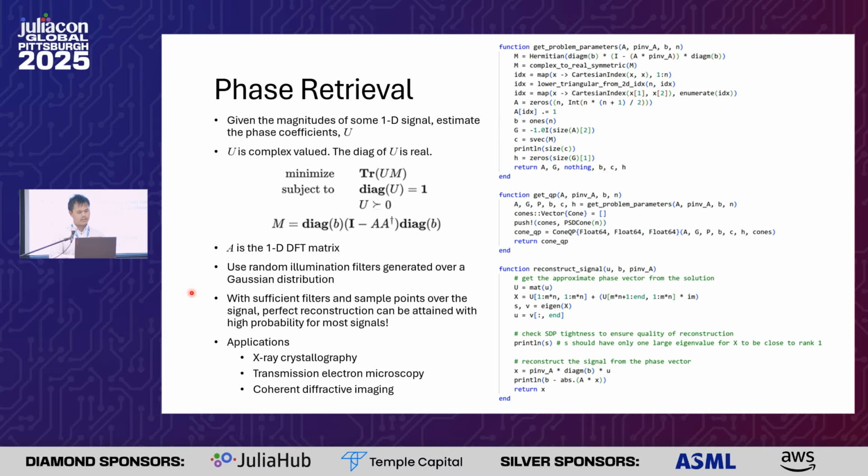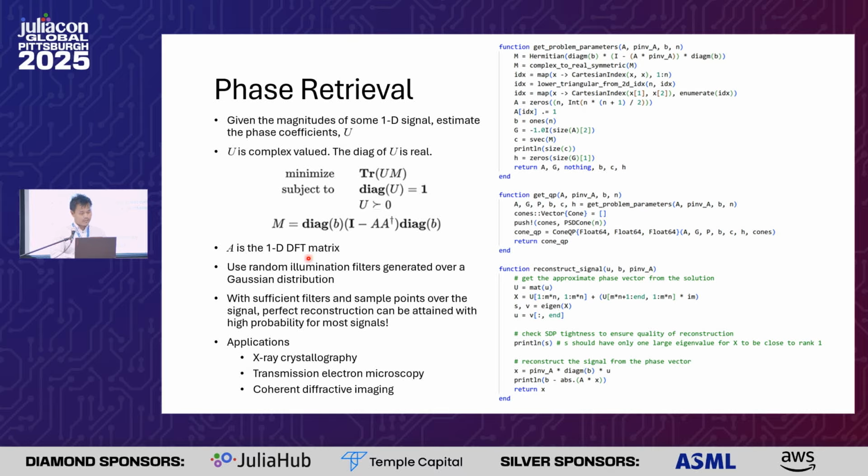Let's look at a different example now, which is a bit more involved. Phase retrieval: for a 1D signal, we want to figure out what the phase is. Whenever you're trying to estimate, given some measurements of that 1D signal, we have to try and reconstruct that signal in order to measure the reconstruction accuracy.